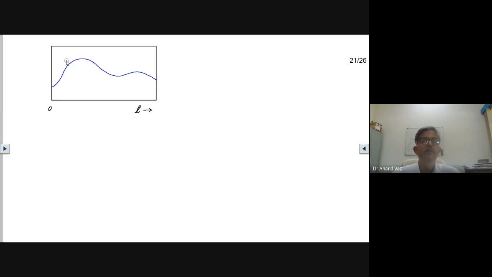Let's say this is given by a function, say Vs, corresponding to a particular time. Let's say in general corresponding to time t, this is the signal. So this is our signal Vs.